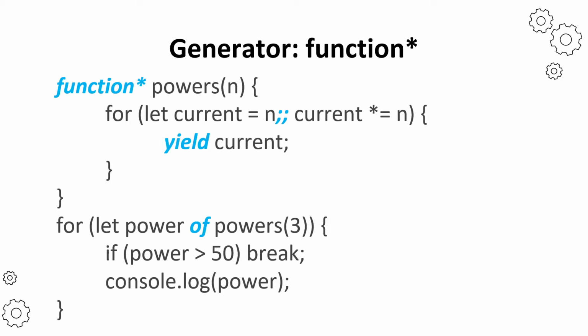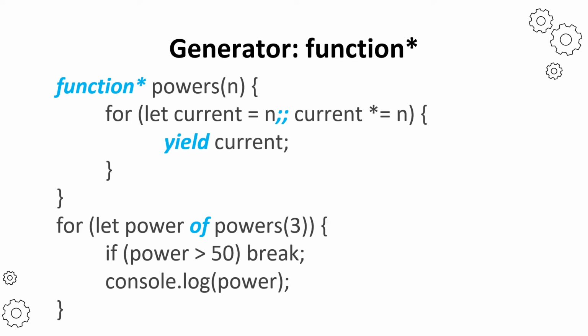Inside a generator function, we use the keyword yield to generate the results to be returned. Every time the generator function is called, the next result will be generated and then returned. So it's basically an iterator.